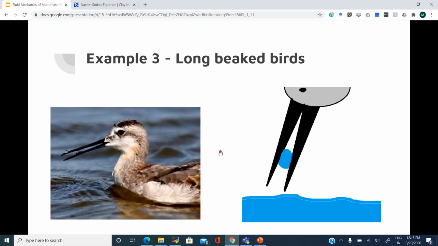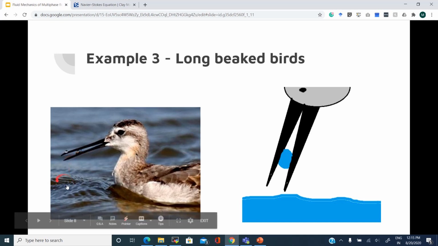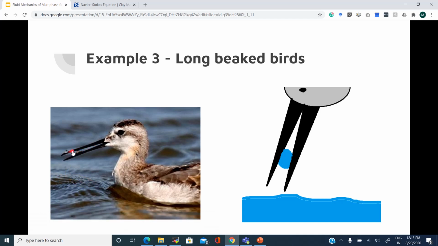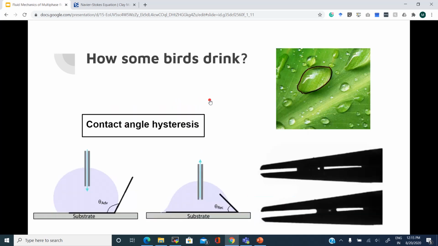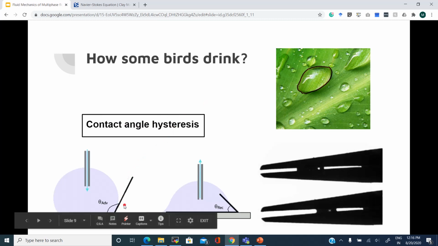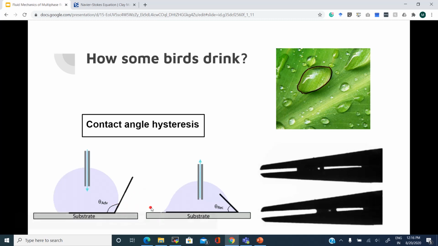Here there is another example in nature: long-beaked birds and how they drink water from a lake. As you can see, this beak is open, it is not a closed pipe, and the water has to travel up. So there is a phenomenon called contact angle hysteresis. You don't have a fixed contact angle for a liquid, gas and solid pair combination.